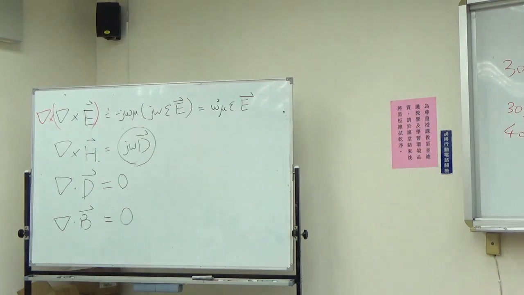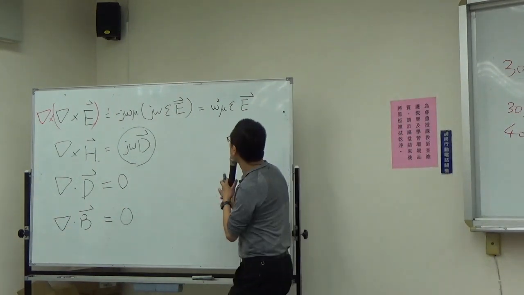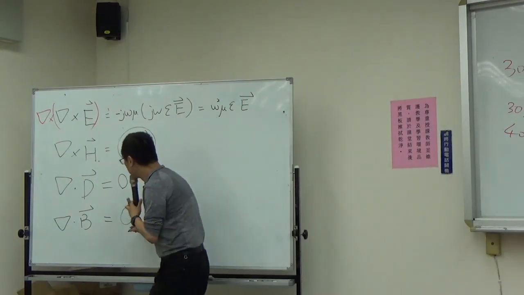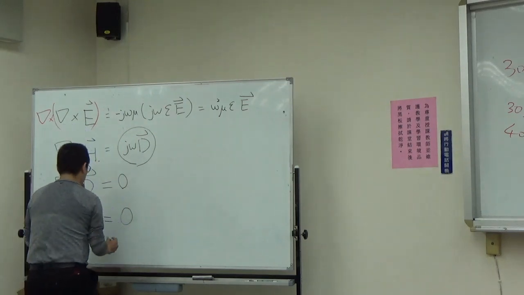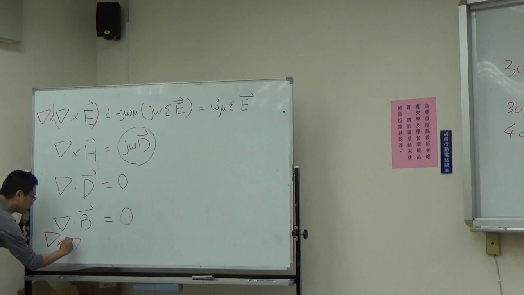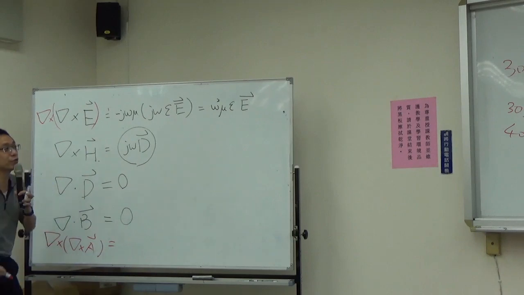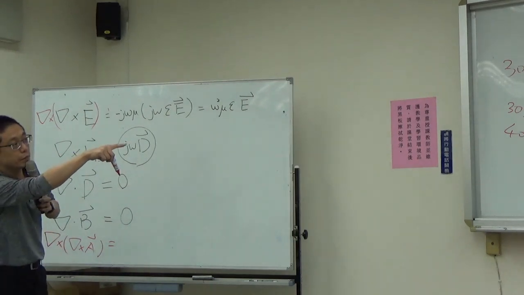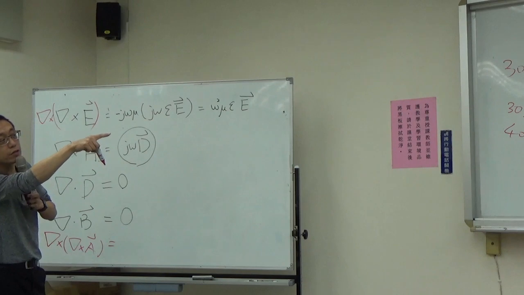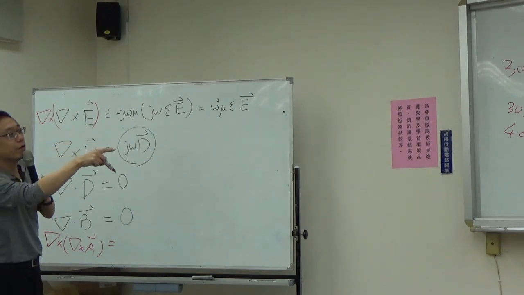If you take something for a double curl, write down this one. I didn't remember that one, this is just an identity, a formula.